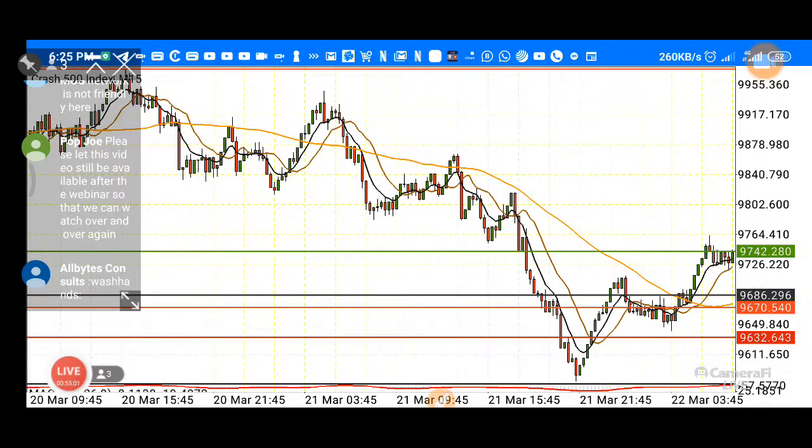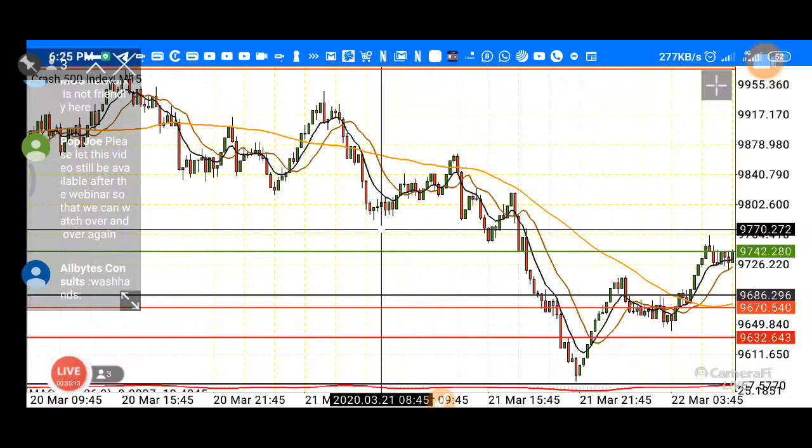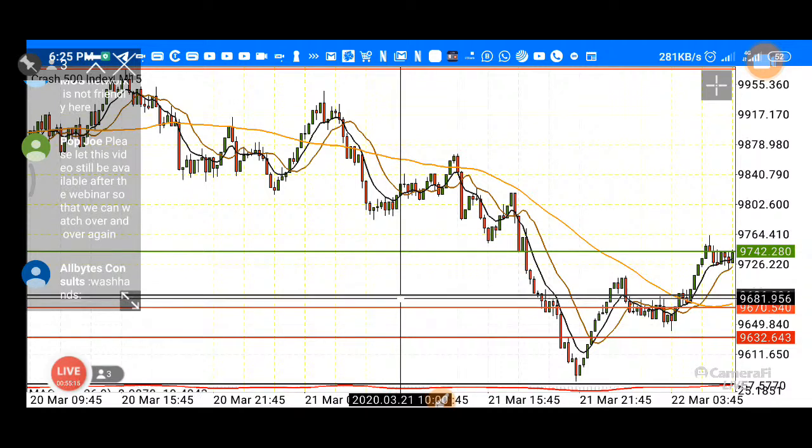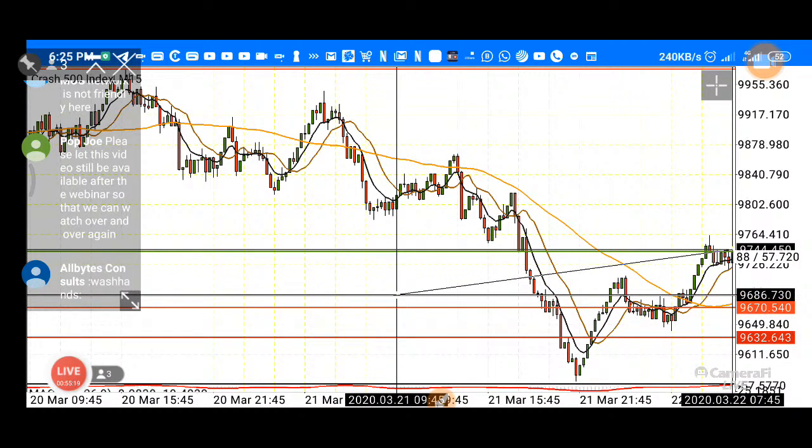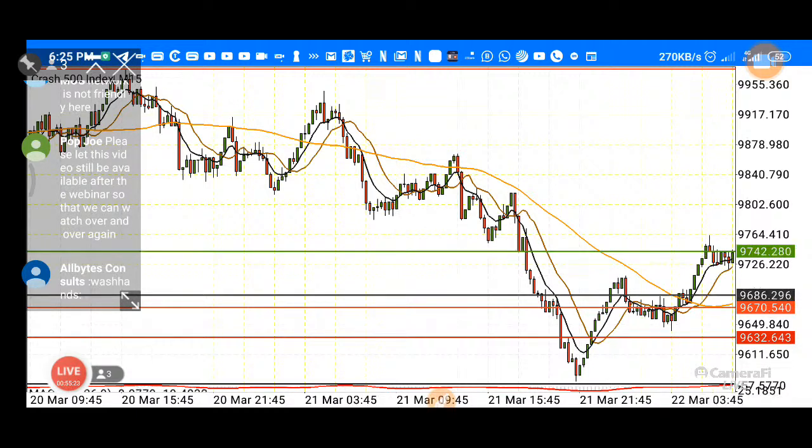That's a successful trade over there. Let's calculate our profits. Let's calculate the pips. 54 pips. That's huge. So we have 54 pips over there, right?